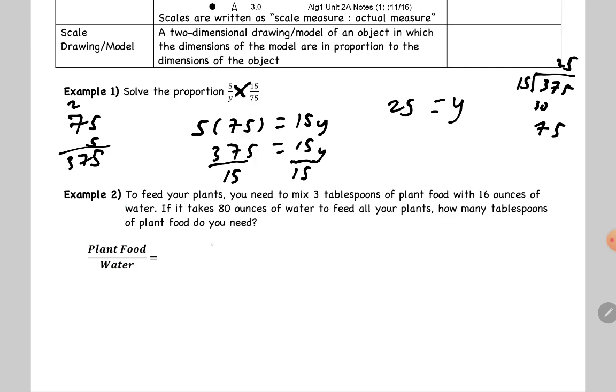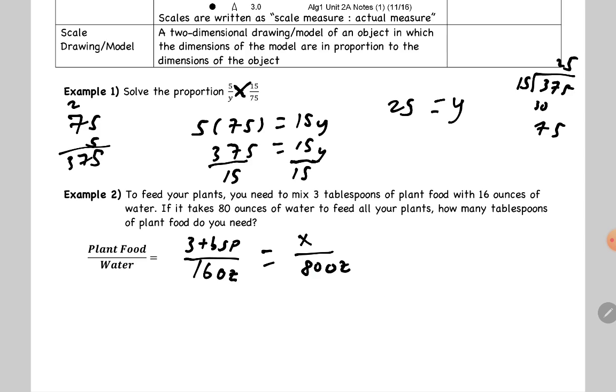We need to mix 3 tablespoons of plant food for every 16 ounces of water. And they want to know how many tablespoons of plant food we need if we did 80 ounces of water. So that's how we build our ratio here.